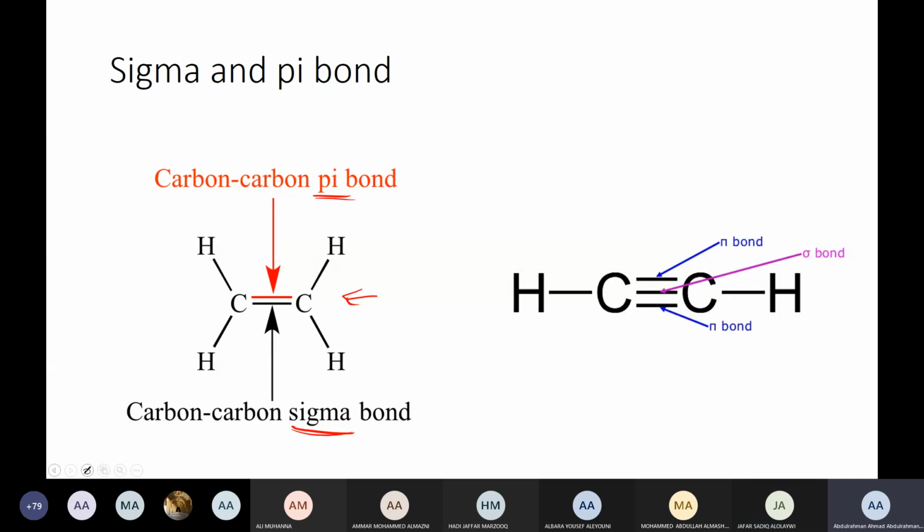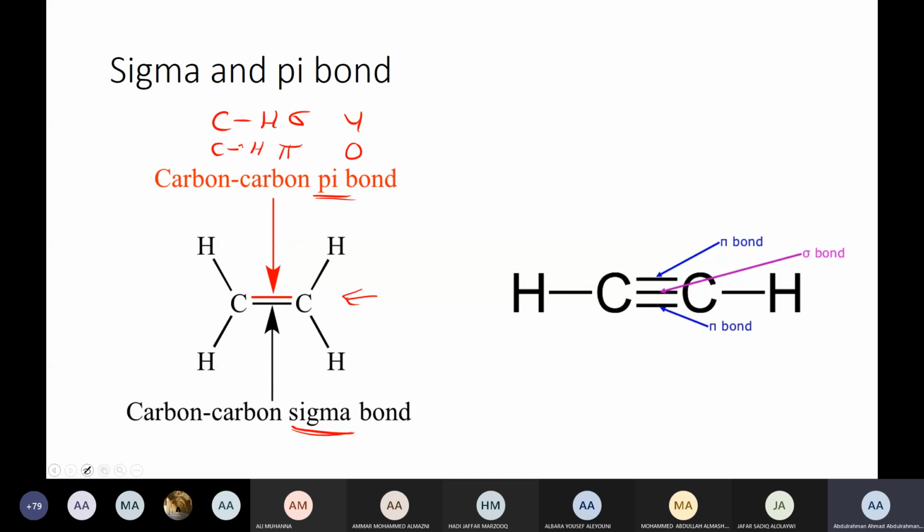How many CH sigma bonds? Four. How many CH pi bonds? There is no CH pi bond. The hydrogen cannot make a pi bond.